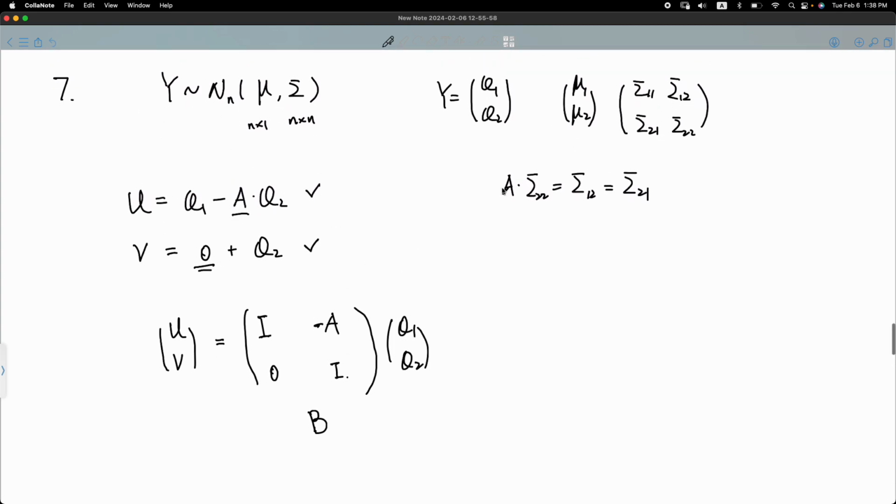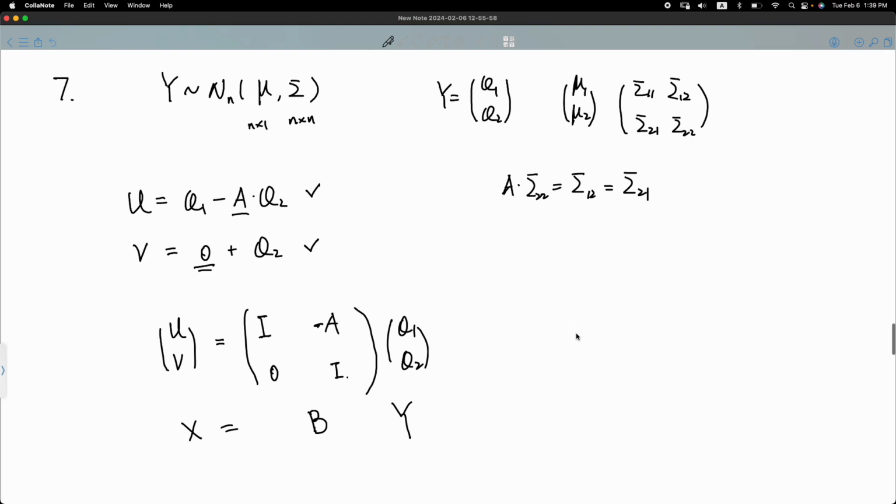Q1 and Q2 can be called Y. We have not used the notation X, so maybe we can use X is equal to BY, where Y follows this mu and the covariance matrix.